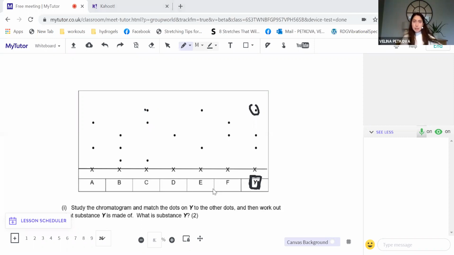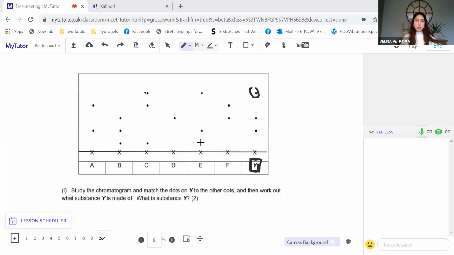Does that make sense, why it's only D and E? Is that clear to everyone? This was quite a confusing question. Does it have to match up both dots on Y? Yeah, it has to match up all three dots on Y, and you can't have any other dots present in your option.